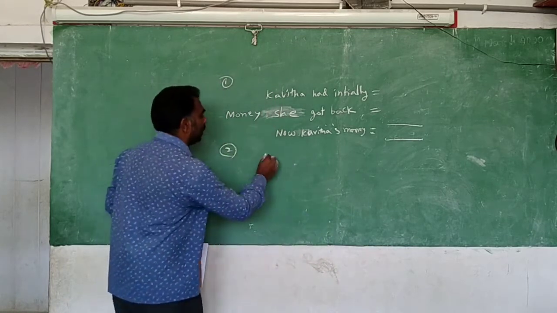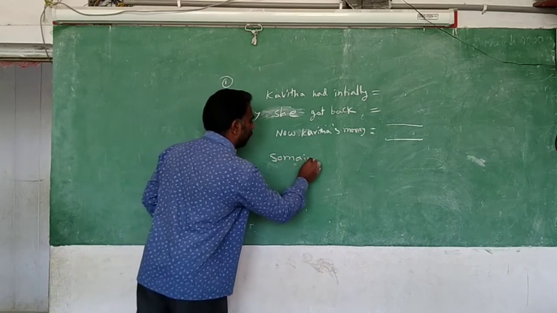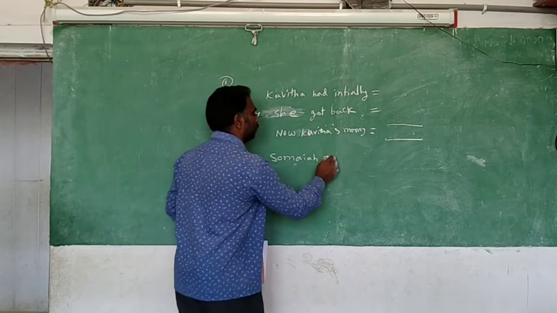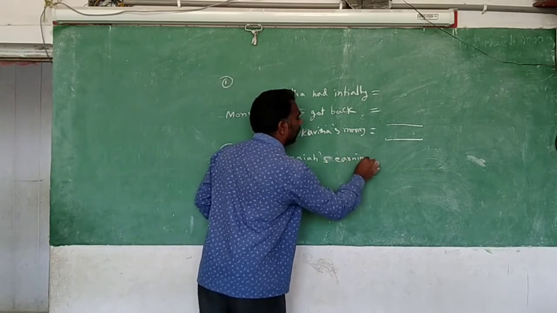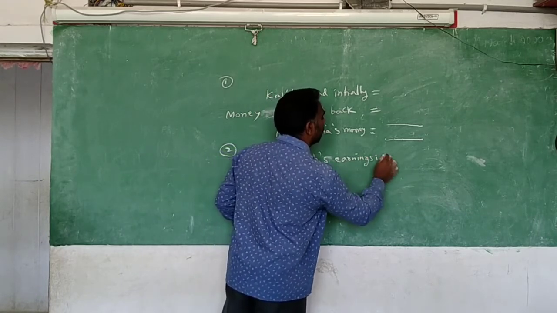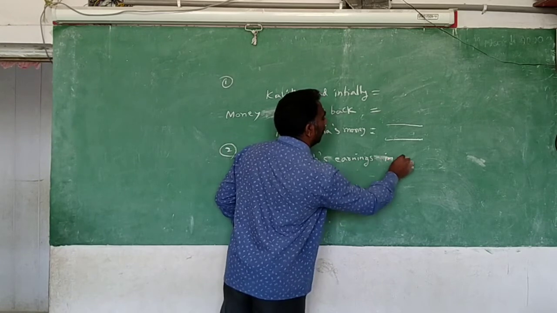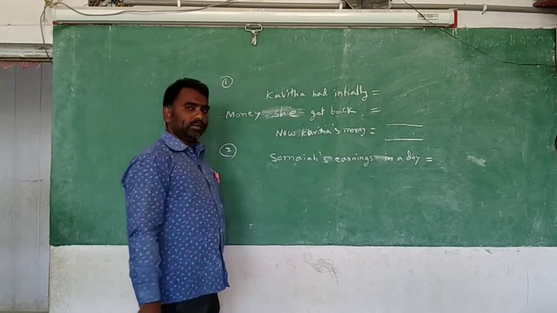What are the steps you write here? Somaya's earning in a day is equal to how much he is earning, you write it.